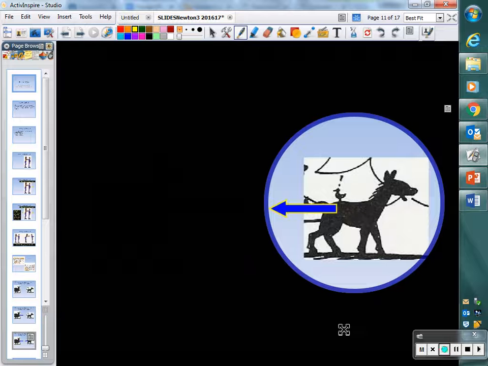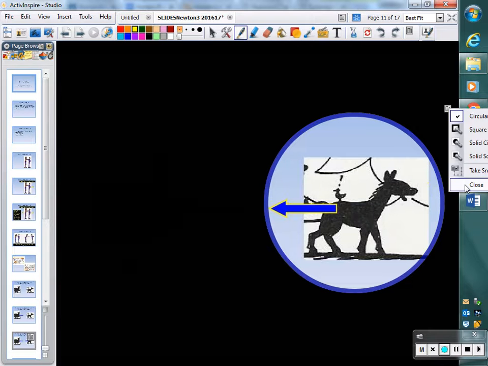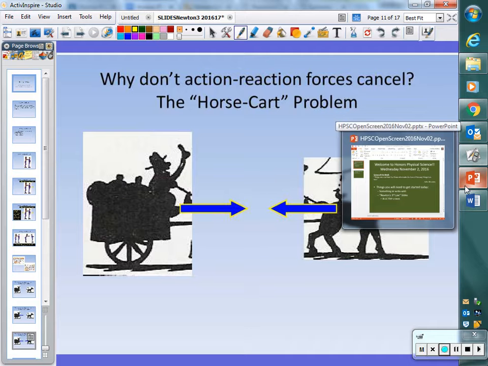What tool did I use to help me illustrate this problem? The spotlight. What does the spotlight allow us to do? Look at one thing at a time. Right? Are these two blue forces the same magnitude? Yes. Are they opposite direction? Yes.